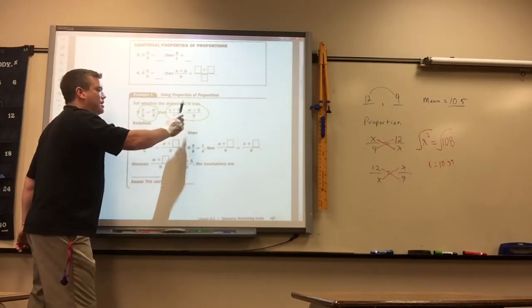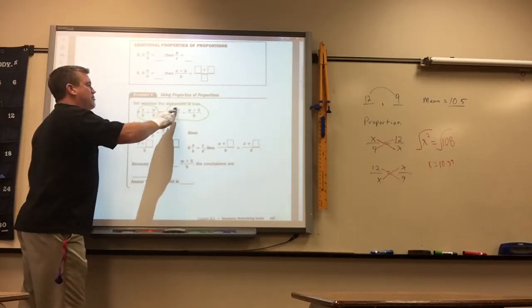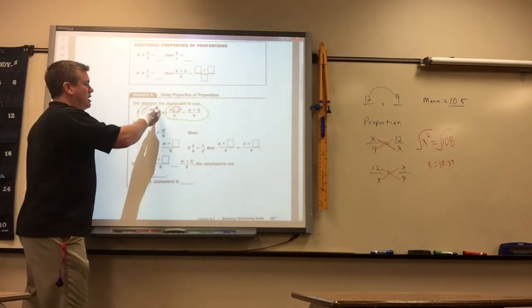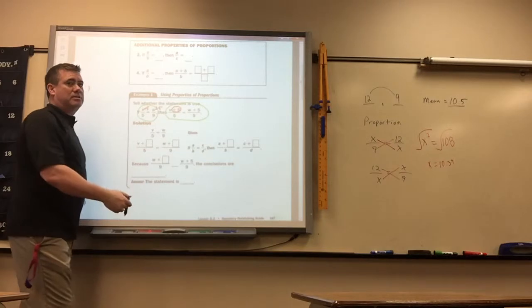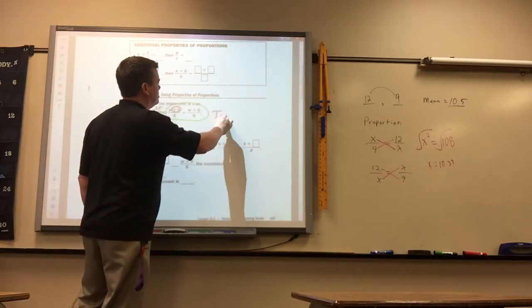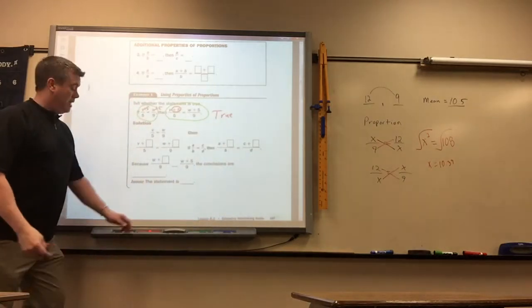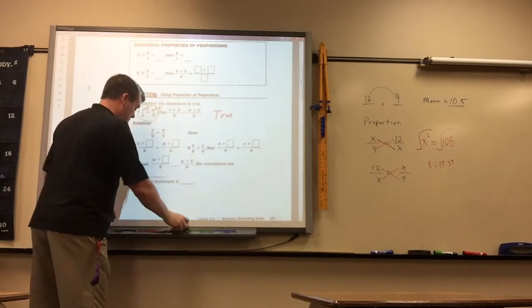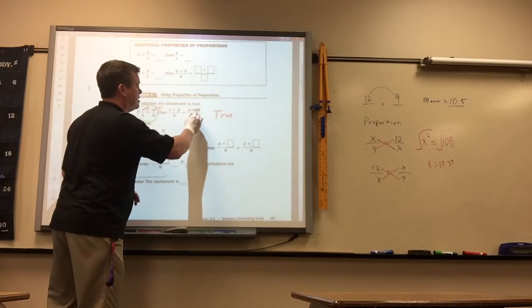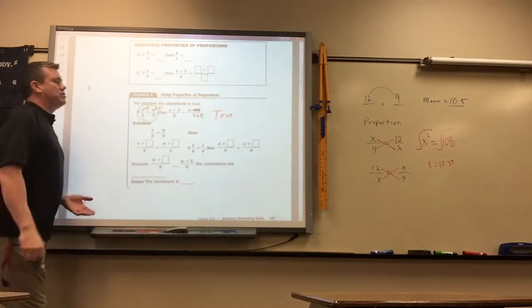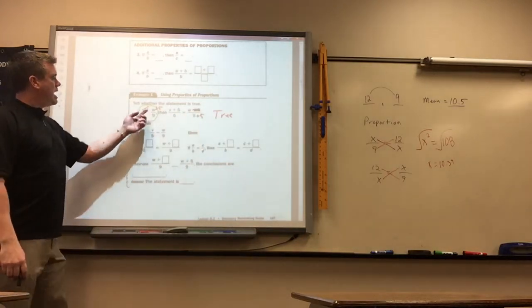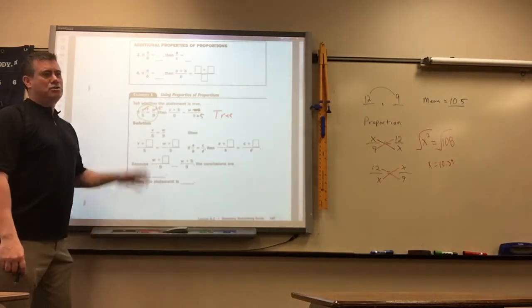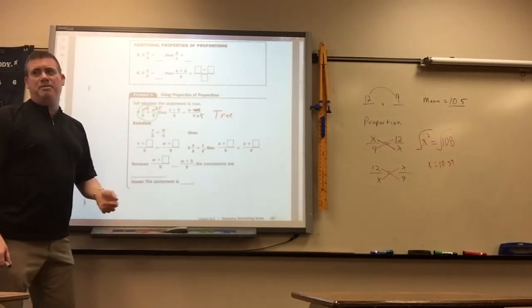Did they? Yes. All they did is add 5 to the top here. And remember, whatever you do to one, you got to do to the other. So that is true. If they would have mixed it up a little bit and put it like this, would that have been true? No, because they added 5 to the top, but then here they added 5 to the bottom. So it's just looking to make sure they followed the same pattern.